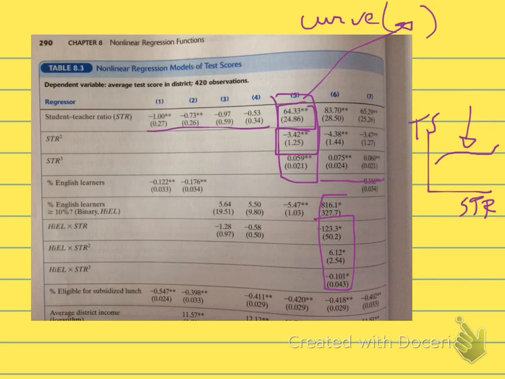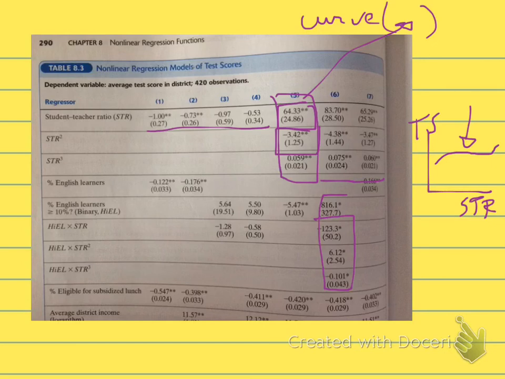So you have to predict the test scores for a variety of student-teacher ratios, say a student-teacher ratio of 20 compared with 25, for high English language learner districts compared with non-high English language learner districts, in order to really see what these differences look like.